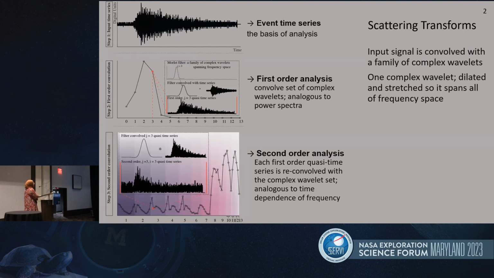When you take this to the second order, so when you repeat this, you can get basically the time dependence of each of these frequency bands. So what we end up with is a set of coefficients that really accurately describes really high dimensional data, and you can do statistical analysis with these coefficients or sequencing.